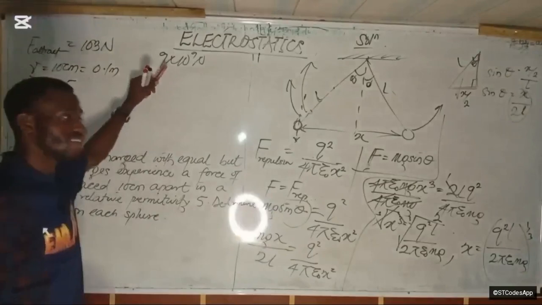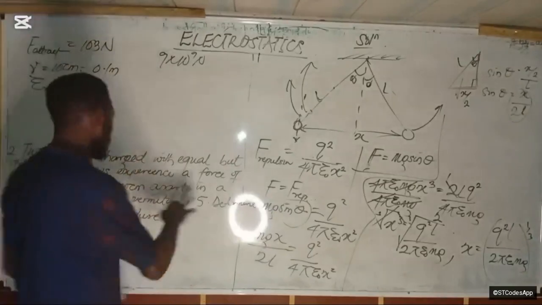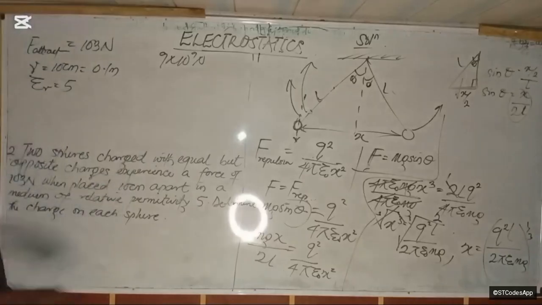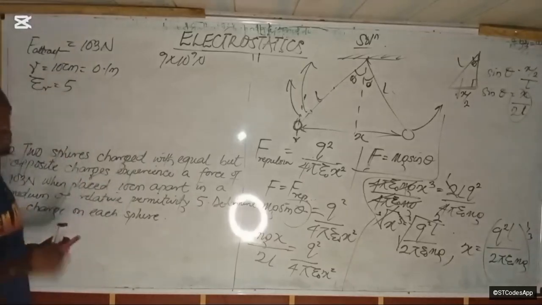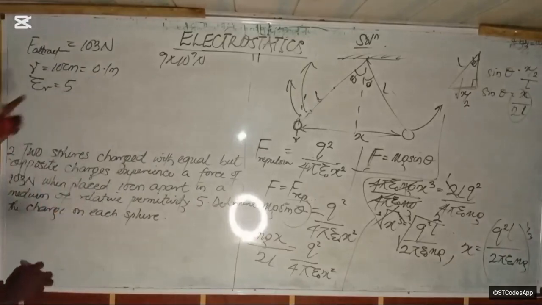I hope that makes sense. Anyway, you don't need the definition. It's just for you to know that it is very, very important that you convert. Okay? So that's relative permittivity 5.